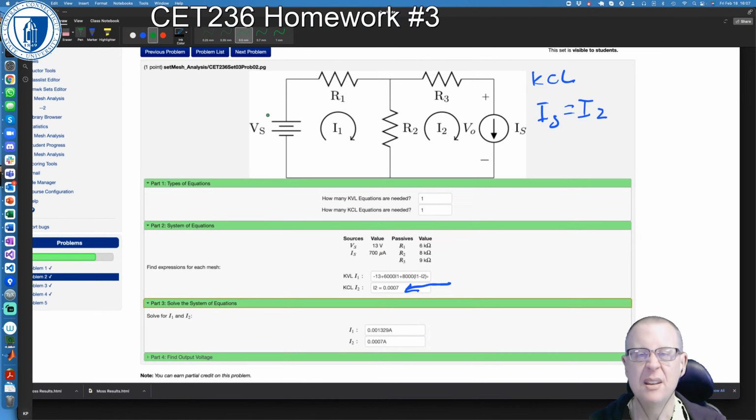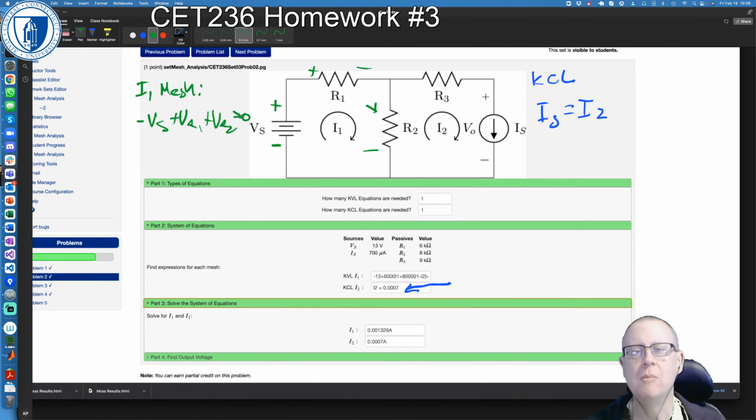The second one is a little different, so we got I1, and so the I1 mesh is minus VS plus VR1 plus VR2 equals 0.